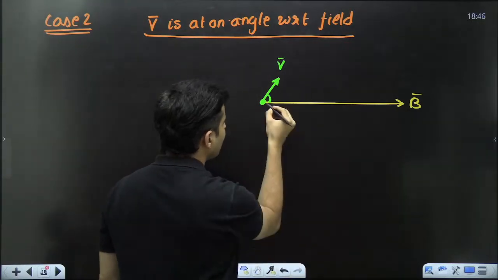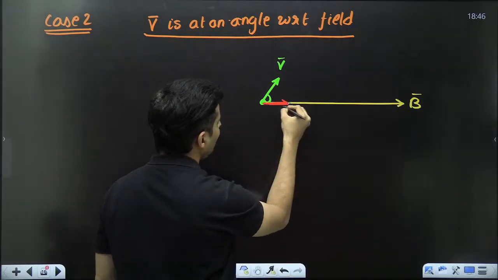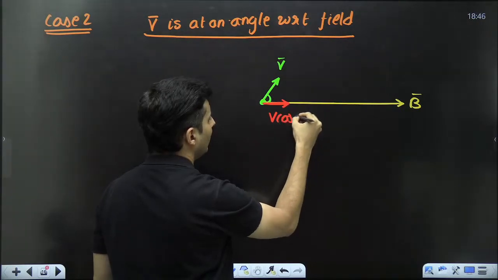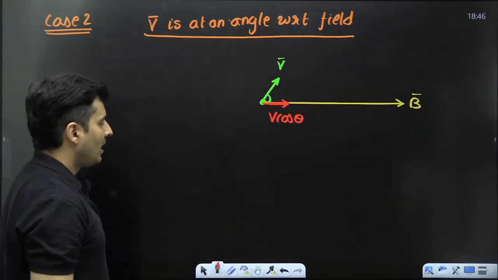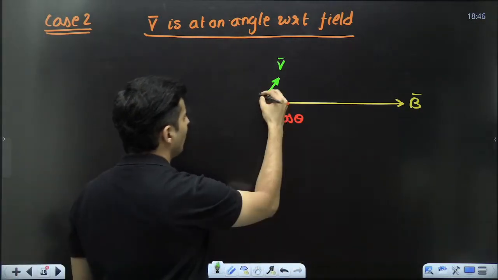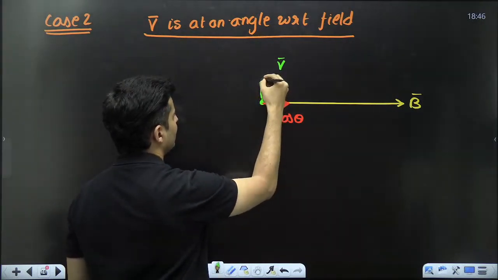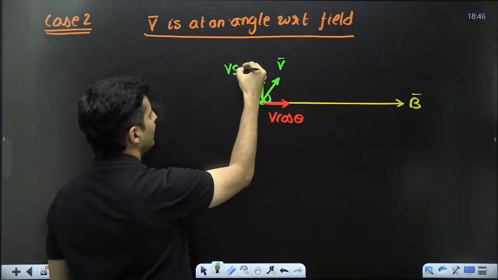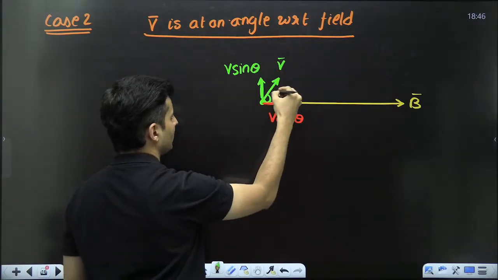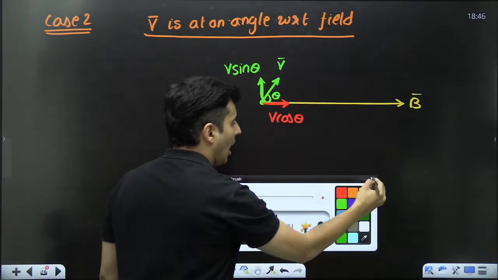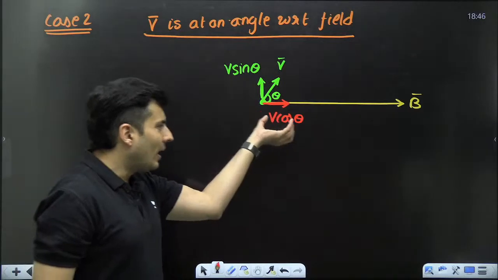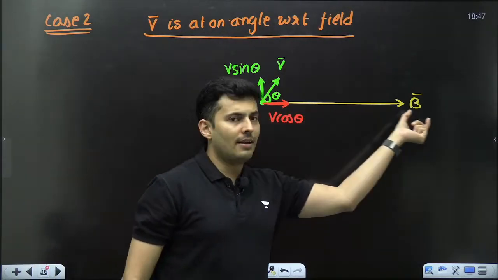There will be one v cos theta component, and there will be another component like this. This will be the v sine theta component. This is theta. Out of these two, v cos theta will never ever change.